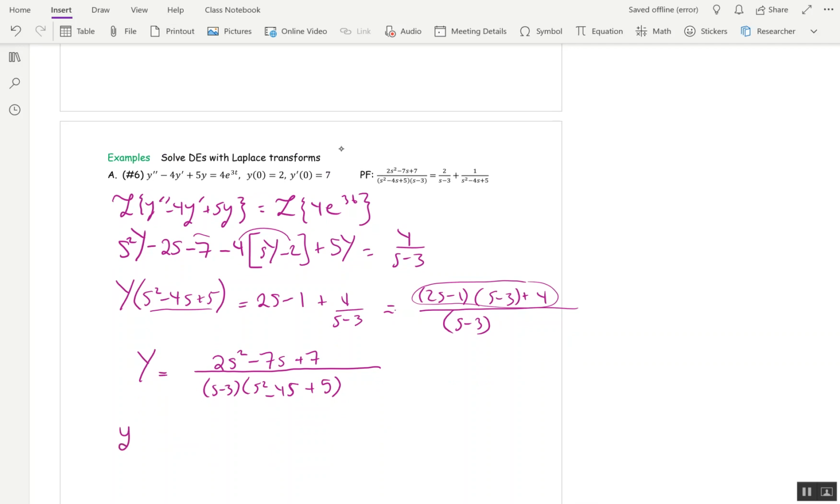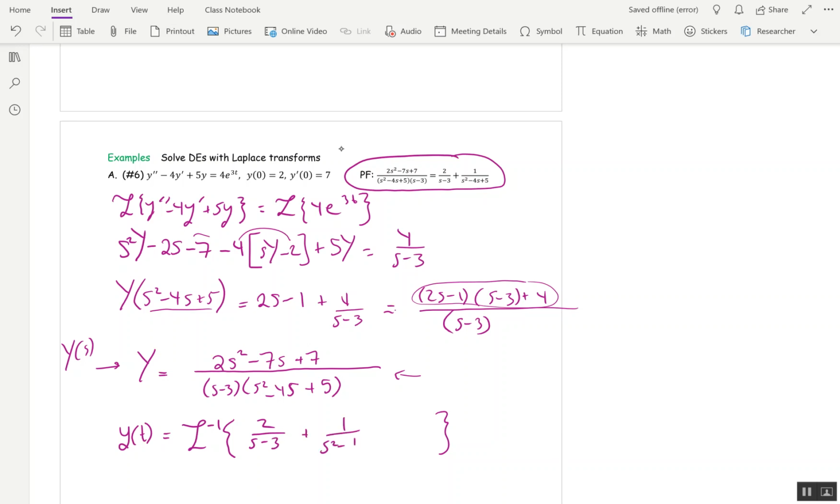So little y, and if you can't tell the difference between little y and big Y, then write little y of t to make clear it's not big Y. Big Y is a function of S. Anyway, little y is L inverse of this expression here, of this fraction. But I'm going to use the partial fraction hint at the top and rewrite that fraction as 2 over s minus 3 plus 1 over s squared minus 4s plus 5.